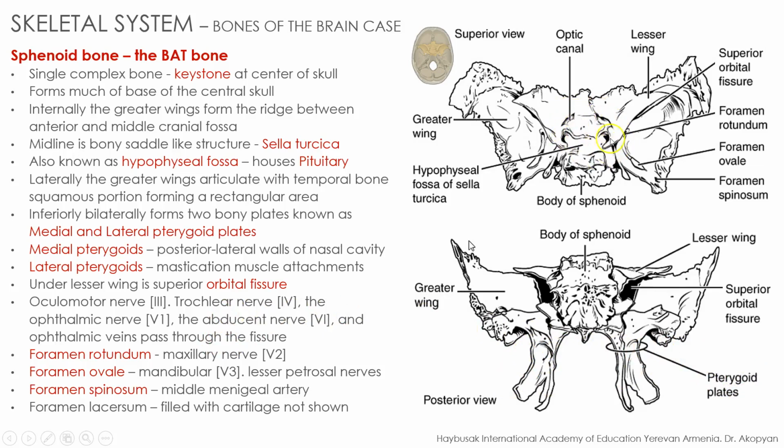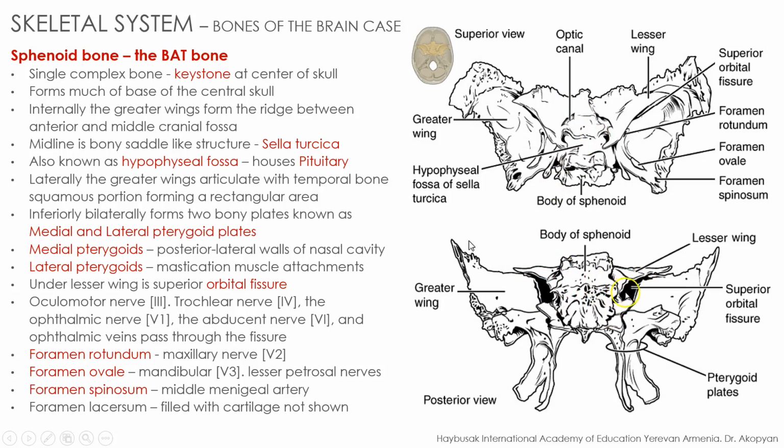Lateral and anterior to the hypophyseal fossa is found the optic canal. The optic canal serves as a passageway for cranial nerve number 2, the optic nerve. Just under the lesser wings, inferior to it, is found the superior orbital fissure.